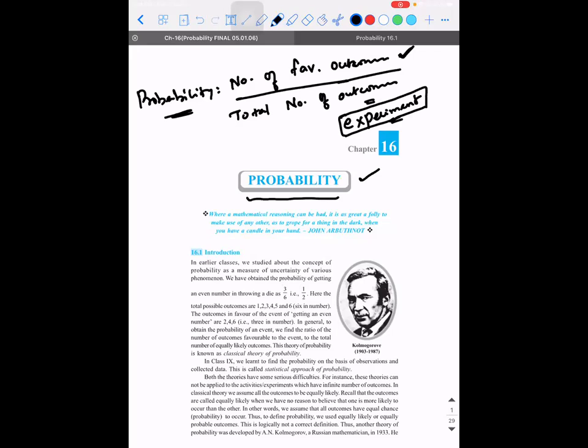So I'll give you another example. Last year everybody would have done an experiment on Ohm's law, right? Whether it is a commerce student or a science student, you know this. So you did V is equal to IR.